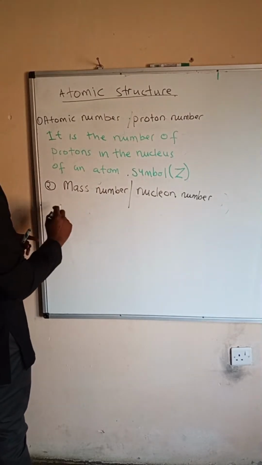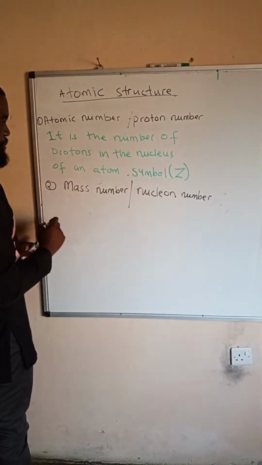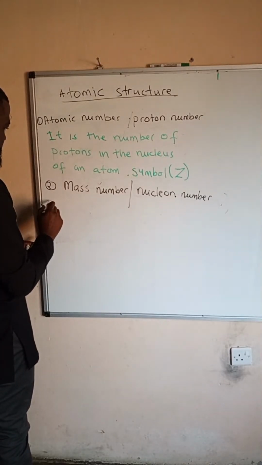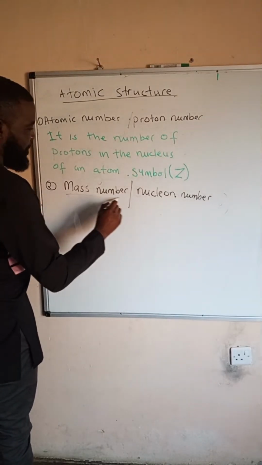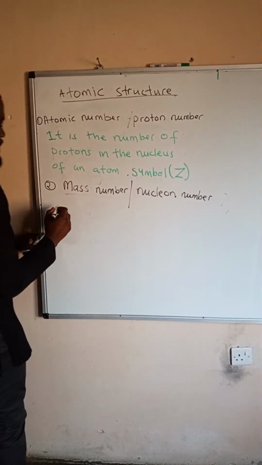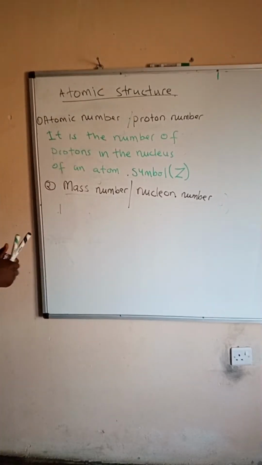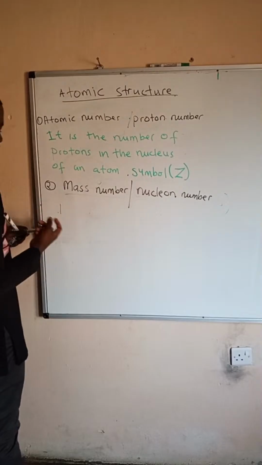And then, what do we have here? The next part, we have to define what this is. What is the definition of mass number? Mass number, or nucleon number, they say define it.